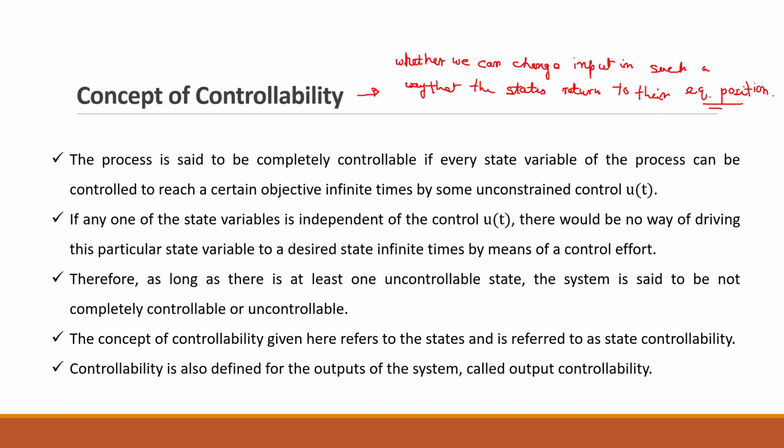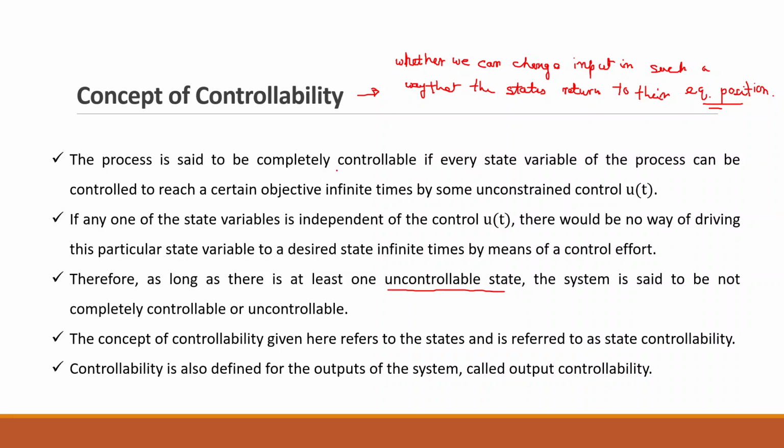In case any state cannot be brought to equilibrium position by change of input, we consider it to be an uncontrollable state, and those that can be returned to the equilibrium condition by changing input are known as controllable states.